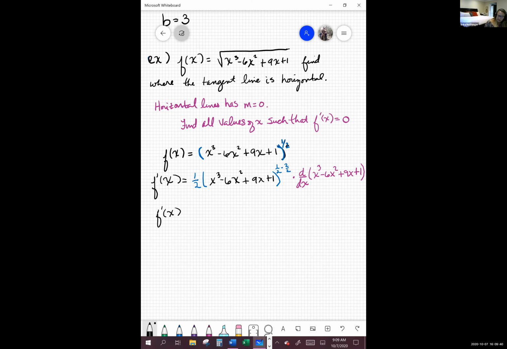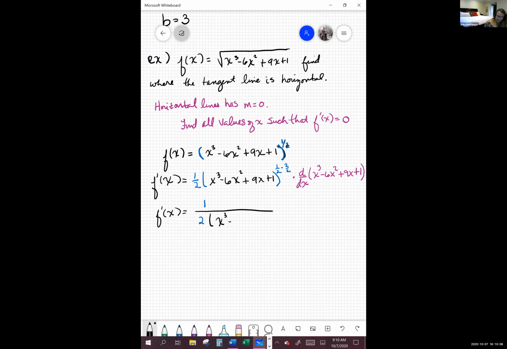So we got, this is going to end up being a negative 1/2 power. And so I can bring that down to the denominator. So I'll have this 1 up here in the numerator all over this 2. And this is going to be negative 1/2 power, so bring it down, that's positive 1/2.